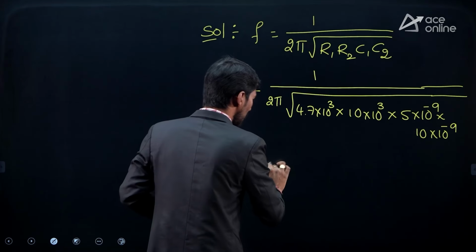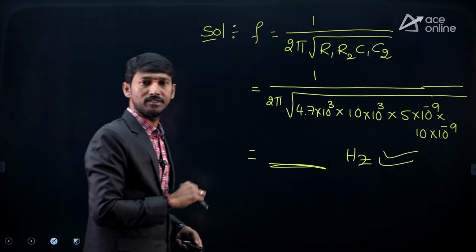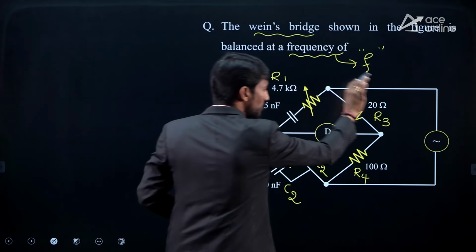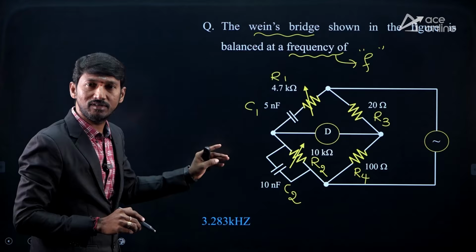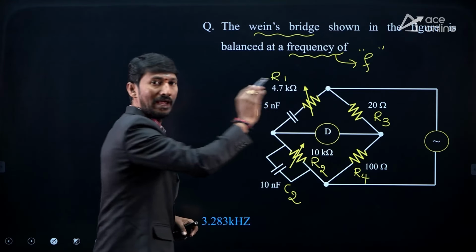If you simplify this, you get the corresponding frequency. Just observe the figure for which is R1, R2 and which is C1, C2. After that, it is simple calculation only.